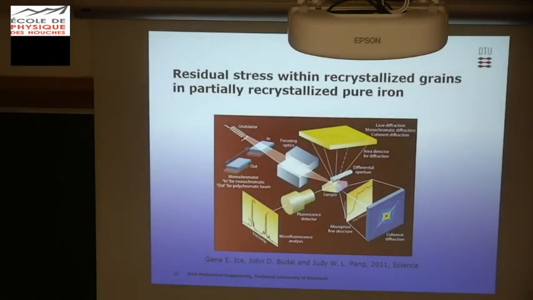So we try to quantify whether there is a residual stress in the recrystallized grains. So come back to this technique again. Now we also insert monochromators, so we change the polychromatic beam into a monochromatic beam. In that way, we can map the lattice parameters and get the strain and stress information.